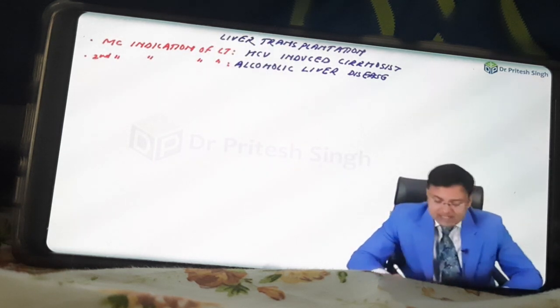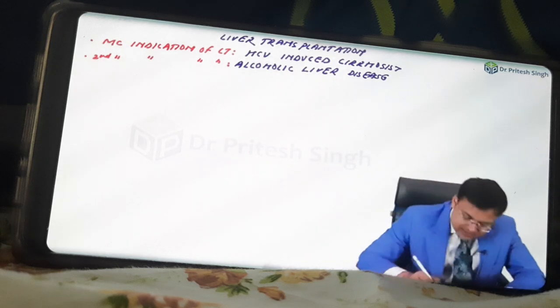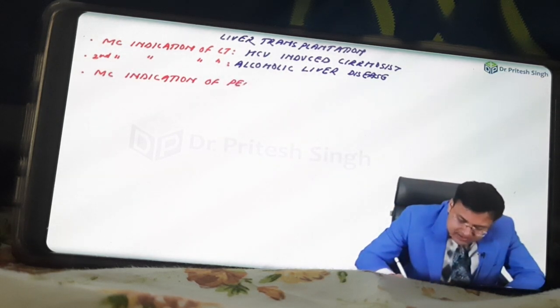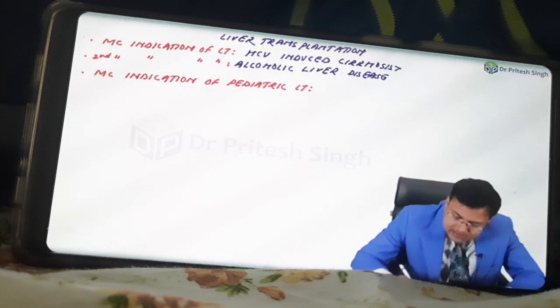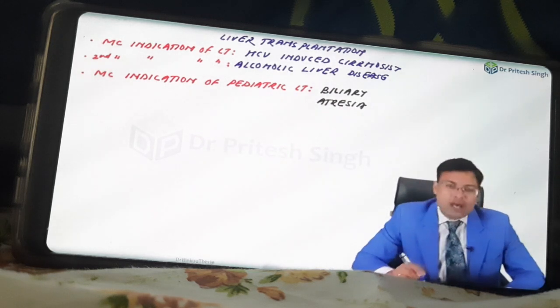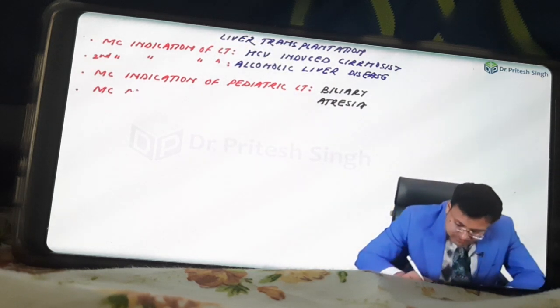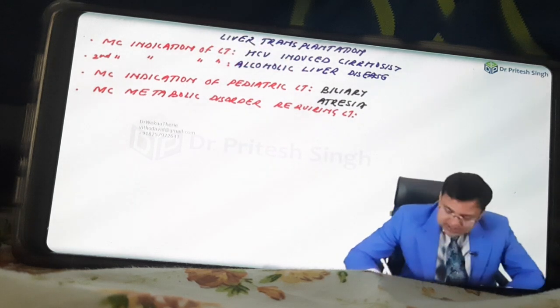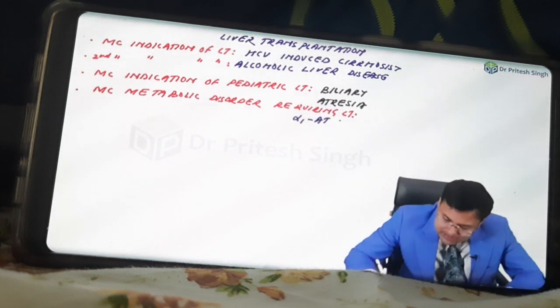This question was asked in the latest exam. Most common indication of pediatric liver transplantation is biliary atresia. Next, most common metabolic disorder requiring liver transplantation is alpha-1 antitrypsin deficiency.